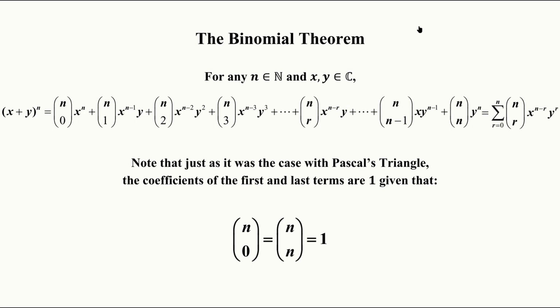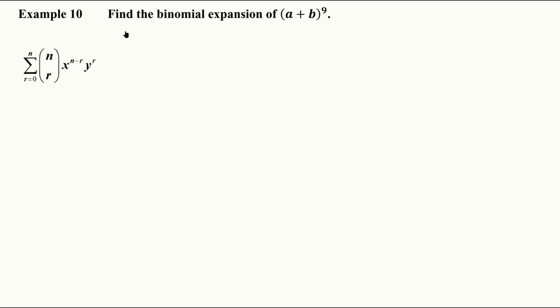Okay, let's go ahead and apply the binomial theorem. So let's go ahead and find the binomial expansion of quantity a plus b to the 9. So we know that this is the formula we're going to use.